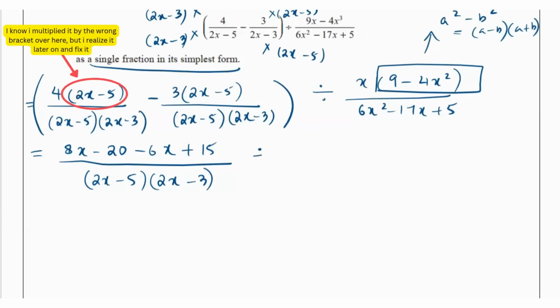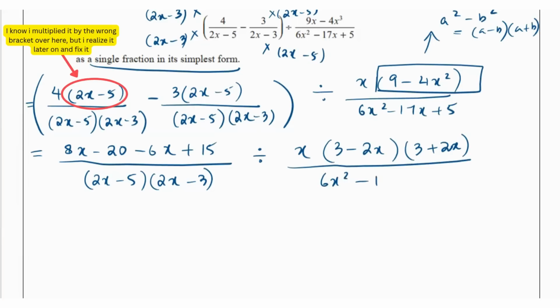And over here we have divided by x bracket 9 minus 4x squared. So let's rewrite this as 3 minus 2x times 3 plus 2x. I used difference of perfect squares, like I highlighted before, a squared minus b squared. So a is 3, b is 2x.